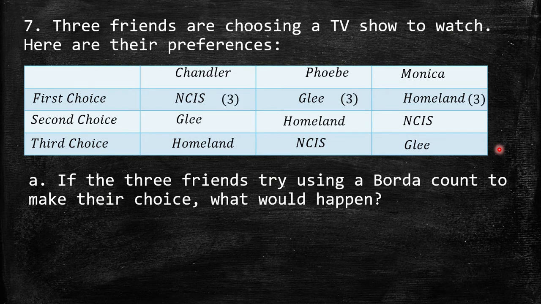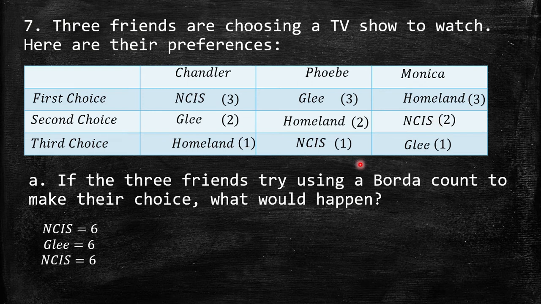Here we establish points for each option, and then we have NCIS with 6, which comes from 3, 1, and 2. Then Glee 6.